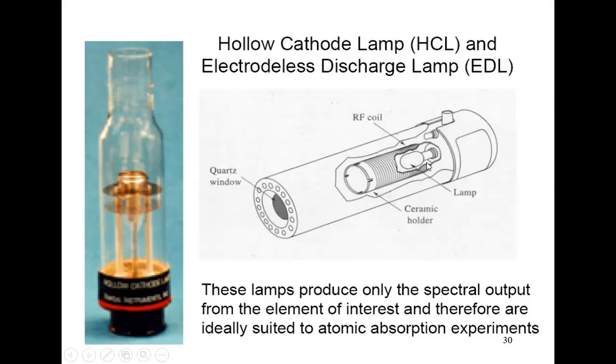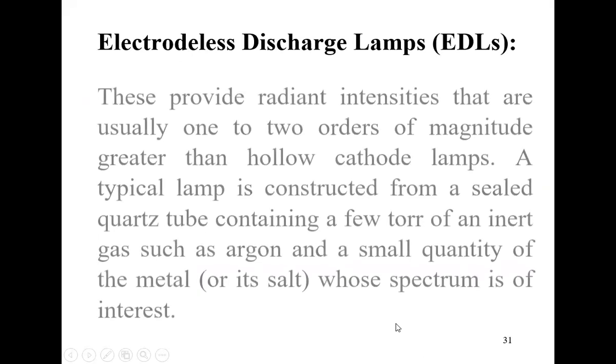It's going to be powered by some frequency. And these lamps produce only the spectral output from the elements of interest. They work on the same principle as the hollow cathode lamp. That's a development later after Mr. Walsh. And therefore are ideally suited to atomic absorption experiments.